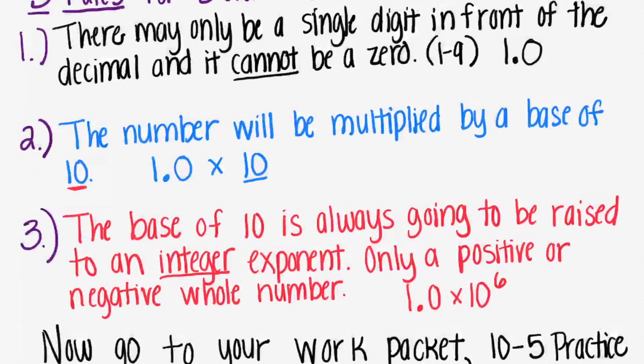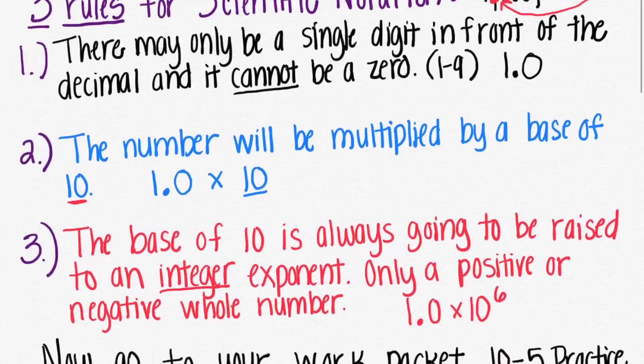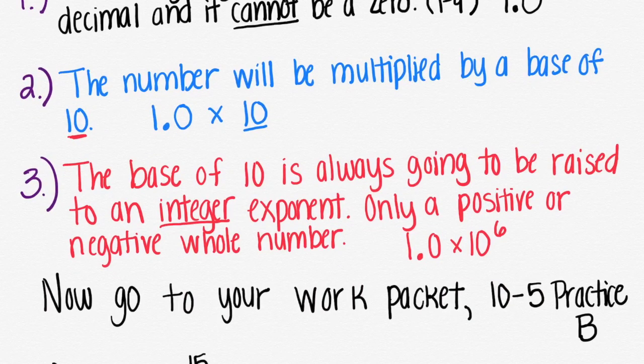So, for example, when you have the number 1 million, you are moving the decimal point from the end of the number to after the 1, and we moved it 6 spaces. So your new number in scientific notation is 1.0 times 10 to the 6th power.